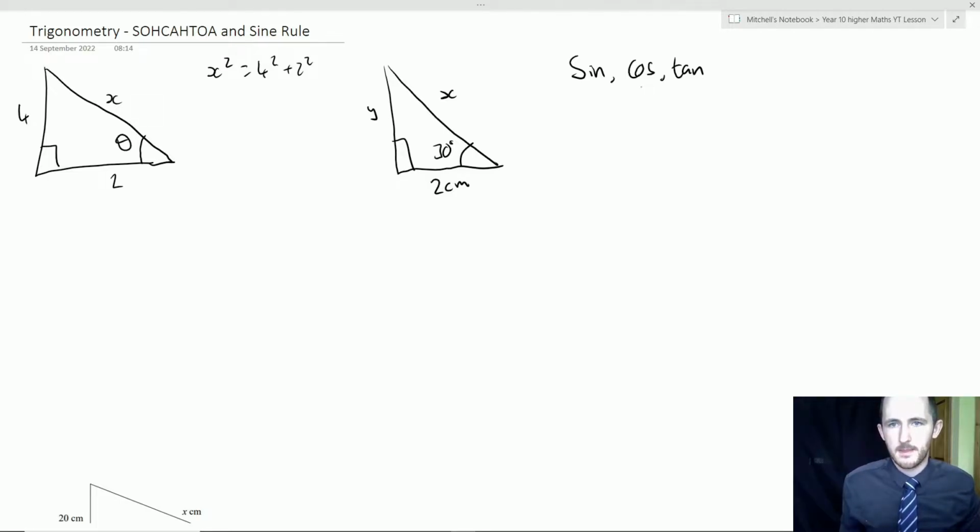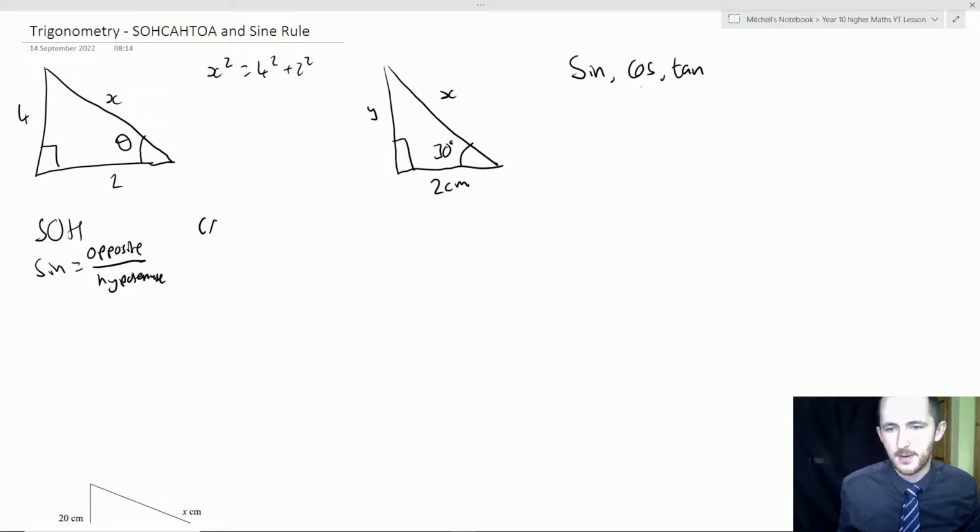So the SOH part stands for sine equals opposite over hypotenuse.